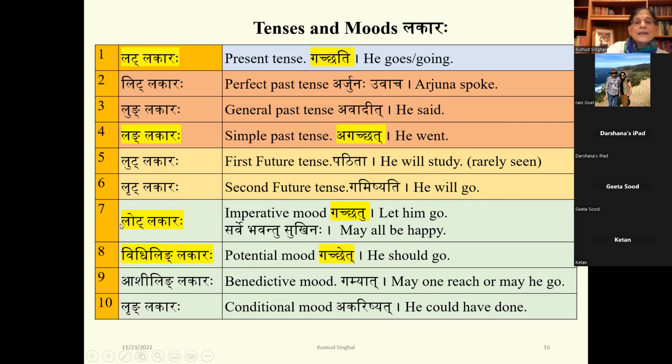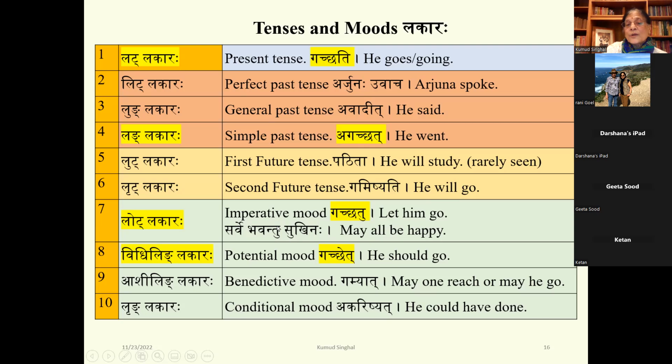And then we'll study these two moods. Lot lakara, which is called an imperative mood, which means a command, a wish. So like gachatu means let him go. You all know that in the Swasti Patha we have sarve bhavantu sukhinah.